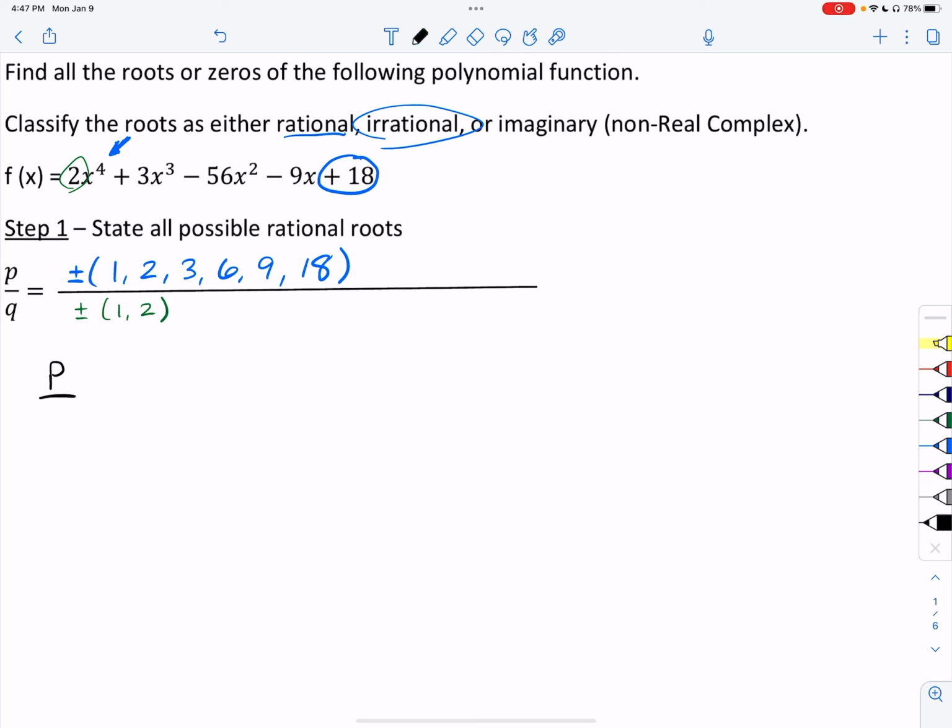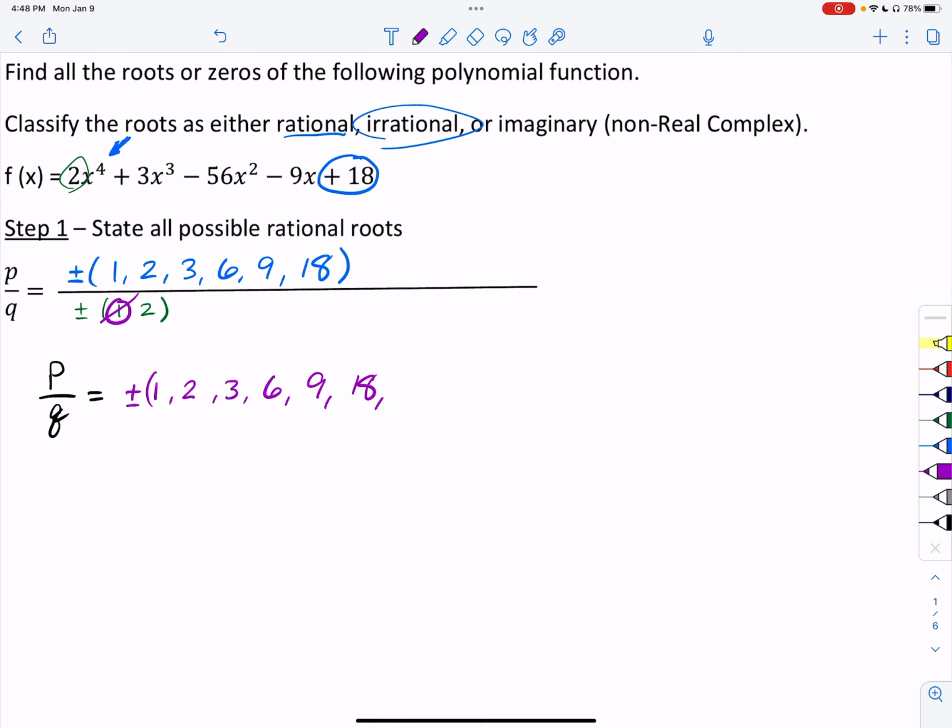Okay, we need to simplify this. Our goal is to get the list of candidates, and right now all we have is a list divided by a list. So I'm going to divide everything in the top first by 1, so that'll give me plus or minus 1. I'll do this with the little parentheses again. So 1 divided by 1, 2 divided by 1, 3 divided by 1, 6, 9, 18. Okay, so we've taken care of those.